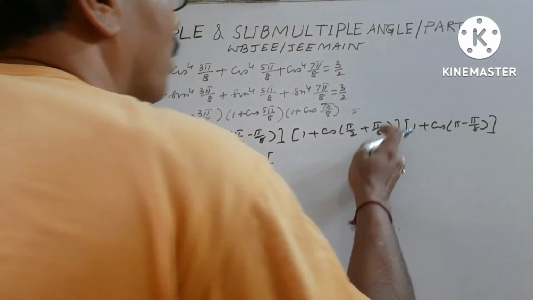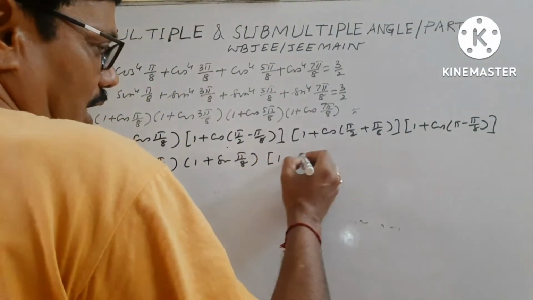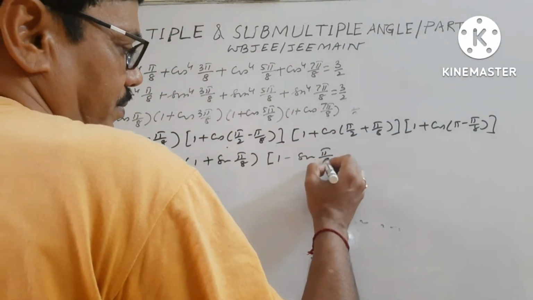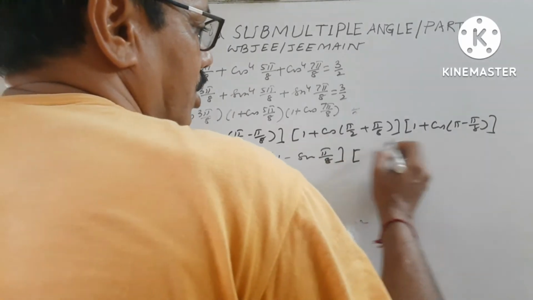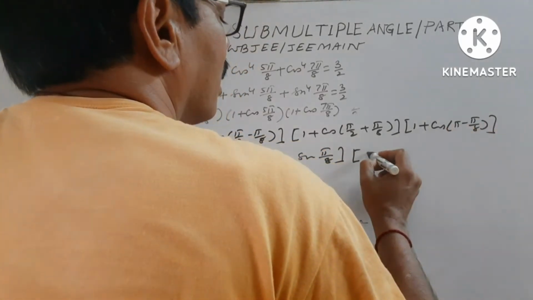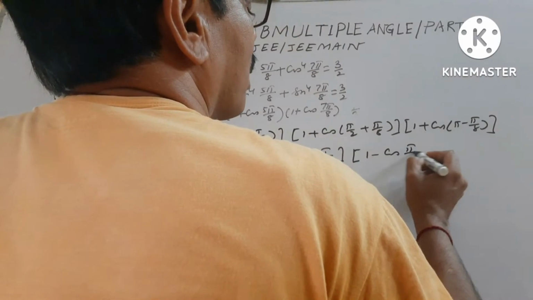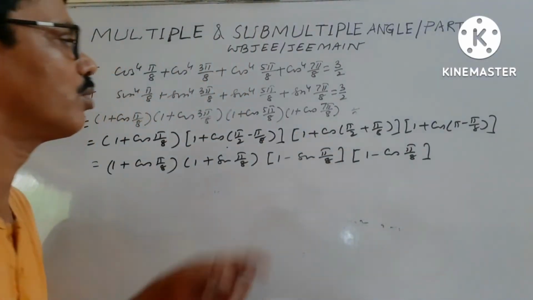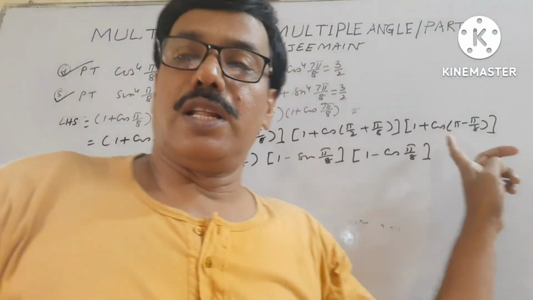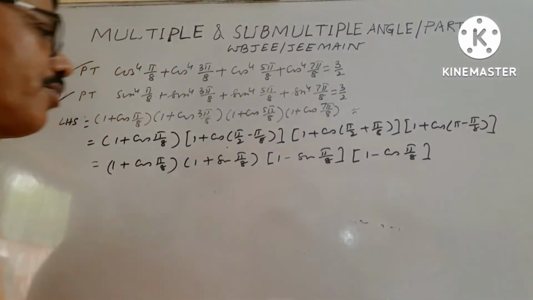Cos of pi by 2 plus theta is minus sin theta. And cos of pi minus theta is minus cos pi by 8. In the previous one, here it is even power, that is, all terms are plus.